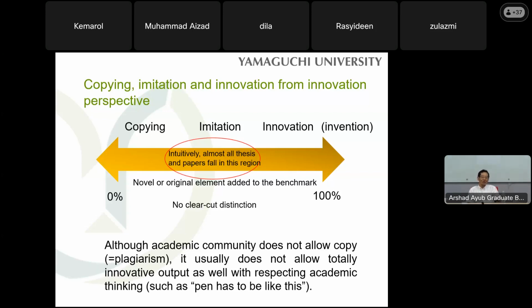It usually does not allow totally innovative output or sometimes invention, because it neglects, at worst, the shoulders of giants. Because the literature review will communicate to the leaders, and it has to be like this. That's the role of the literature review, or what your thesis is all about.